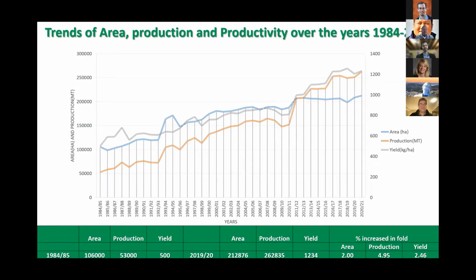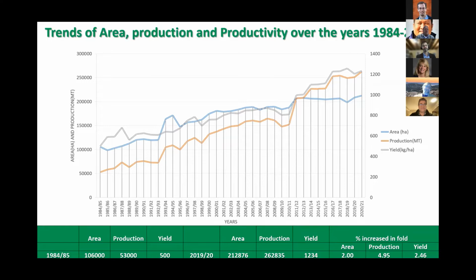And if you look at the trends of area, production, and productivity over the years 1984 to 2020, the area increased twofold, while production increased 4.95-fold, and yield increased 2.46-fold.